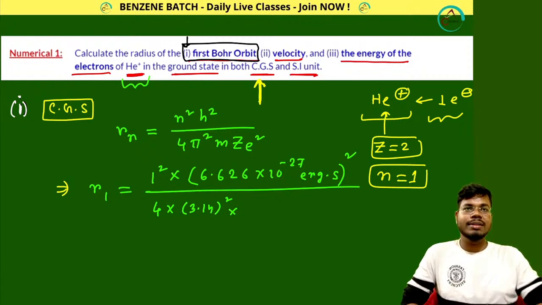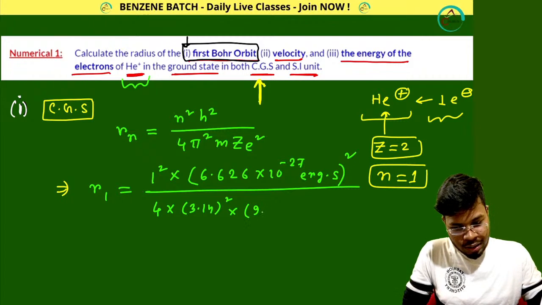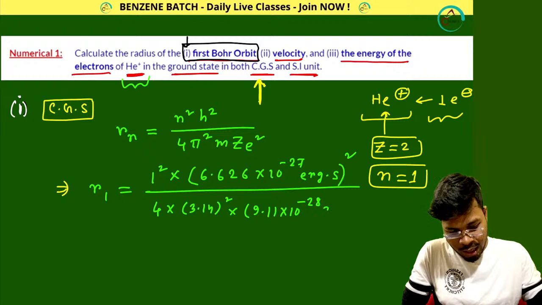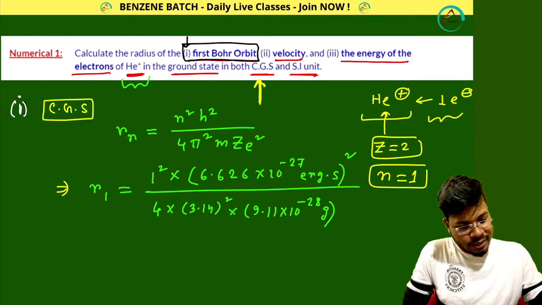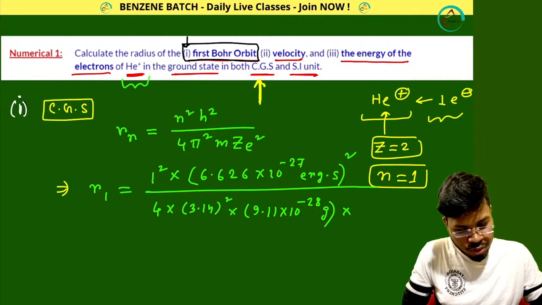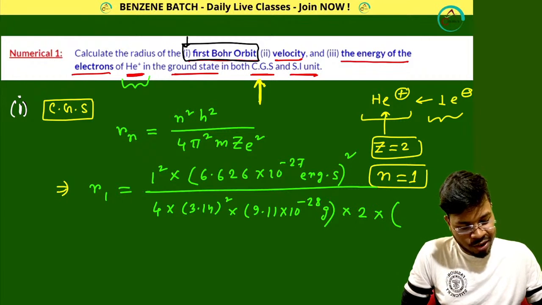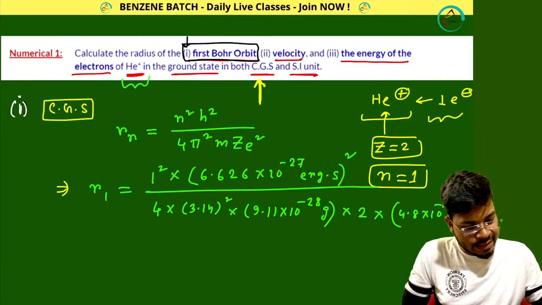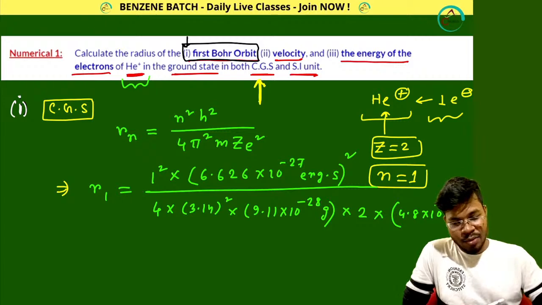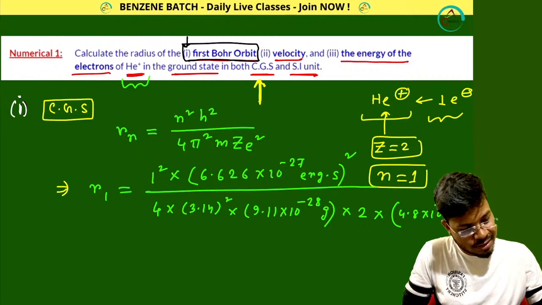Mass of electron, what is the mass of electron? You already know, 9.11 multiplied by 10 to the power minus 28 gram in case of CGS unit. Then Z value is equal to 2, and finally I will put the value of charge of electron, that is 4.8 into 10 to the power minus 10 ESU in CGS unit, and square of this.